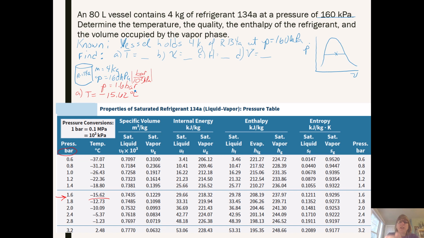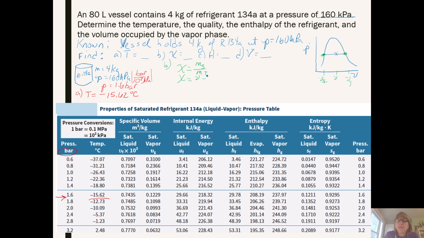For B, we need to find the quality. The quality is equal to the mass of our vapor over the total mass. But we don't have the mass of the vapor, so another equation we can use to find the quality is, if I know the specific volume and I know the saturated liquid and the saturated vapor values, I can find it.